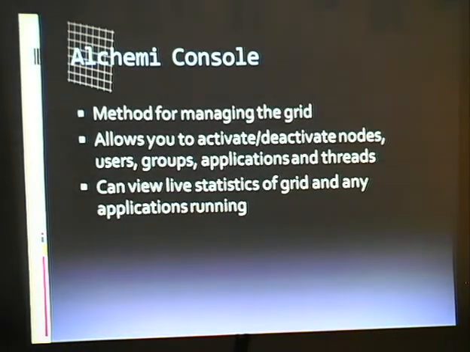Okay, like I said, the Alchemi Console is used to manage the actual grid. It allows you to create and deactivate, activate nodes, users, groups, applications, and threads, and you can view the live statistics of your current grid. So any applications that are running, how many threads are running, how many executors you have, the processor power that is available to you, the current power that is being utilized, the current power that is being available, because there's a difference between the amount of processing power you have and the amount of power you have available at that time.